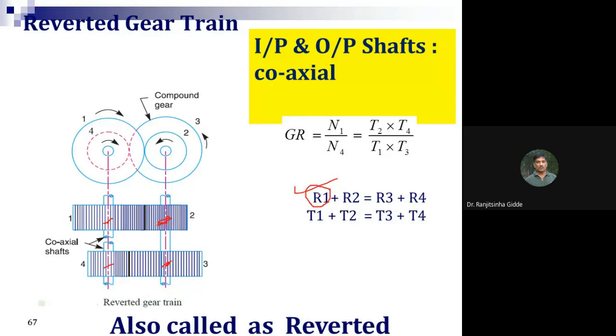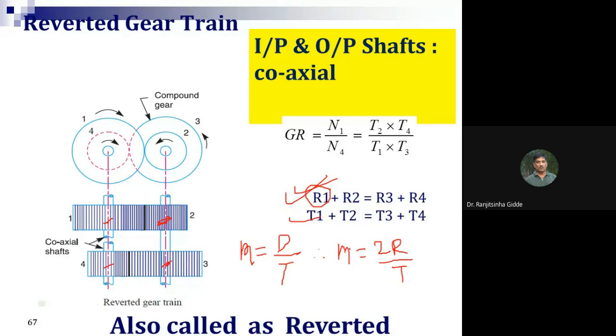So we know m is equal to d by t, the circle diameter divided by the number of teeth. Then we can write m is equal to 2 times r upon t. Now this first equation we can write in terms of this.